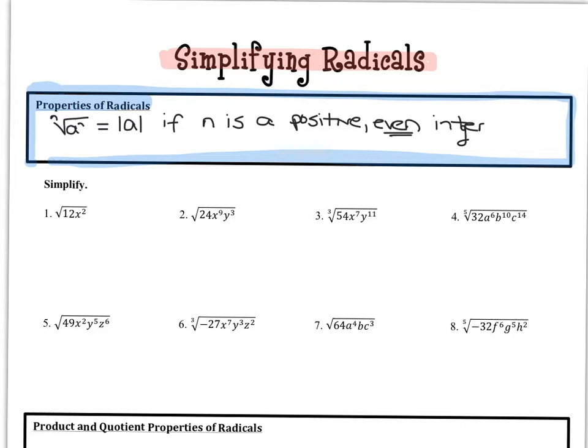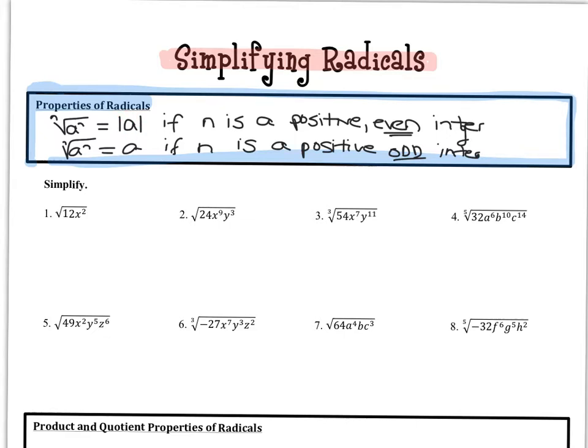So now I have the nth root of a to the nth power is equal to just a if n is a positive odd integer. So if n is odd, and n is also odd, so odd, odd, then it's just a. If n is even, then my outcome is the absolute value of a.